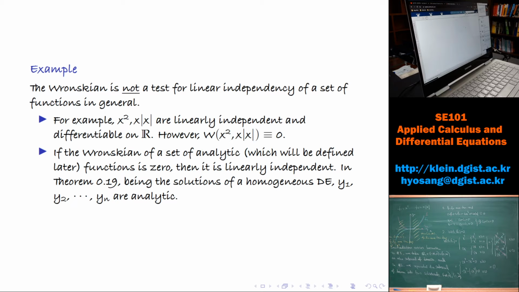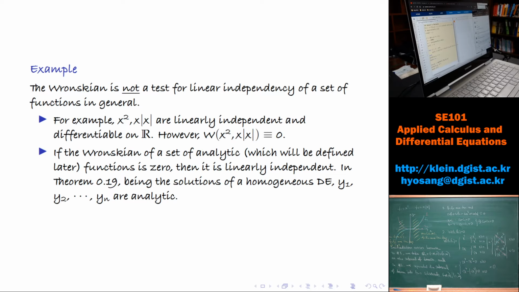So the question is, if the fundamental solutions are linearly independent, can we express the general solution as a linear combination? By definition, if you have a fundamental set of solutions, then all the elements in the set are linearly independent.